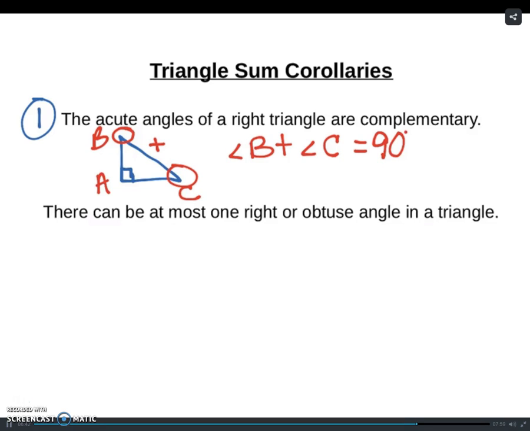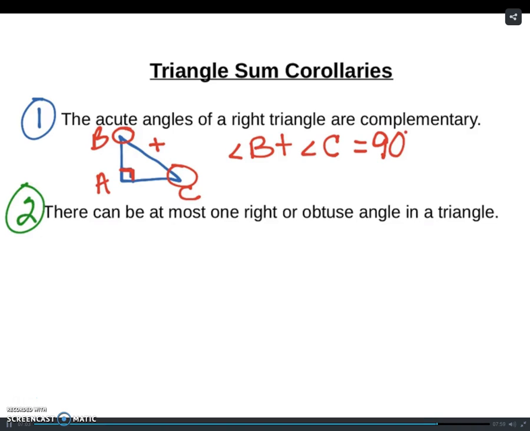And if you think about it a little bit, it really makes sense because all three angles have to add up to 180. This right angle over here takes care of 90 degrees out of that 180, and so all that's left is 90 degrees. And sometimes that's just really helpful to shorten things up when we're dealing with a proof.